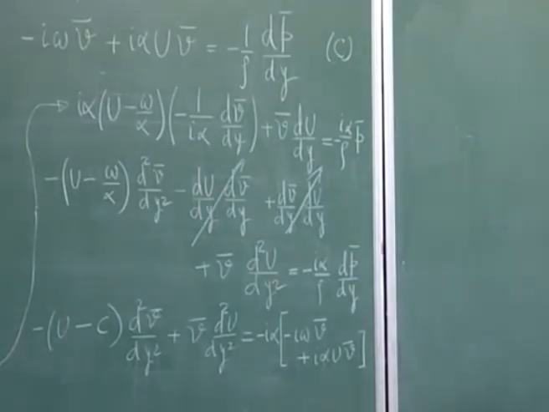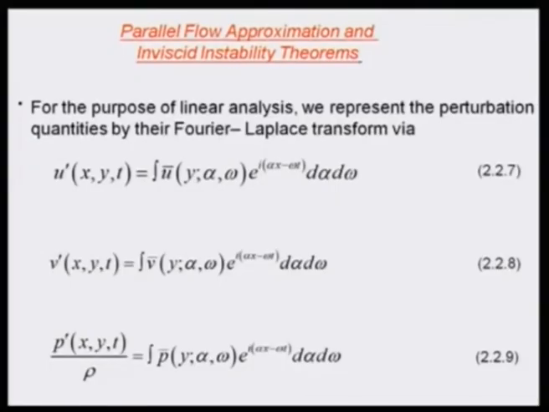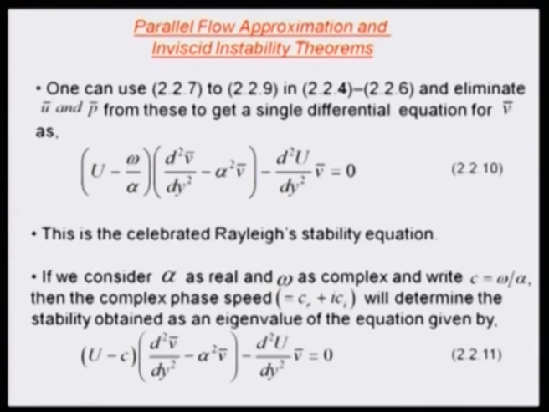So this is a simplified form. We have eliminated basically u bar and p bar, and this is what we get. That's the equation, simplified. There we have retained omega by alpha as it is.